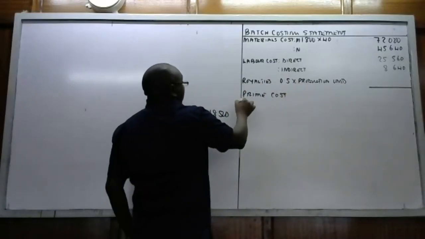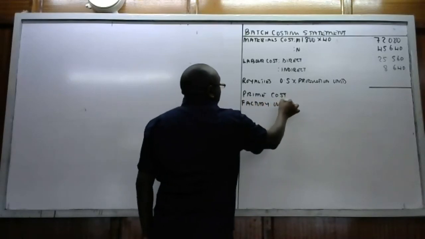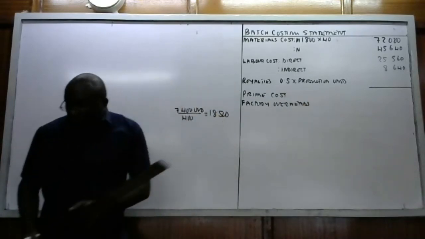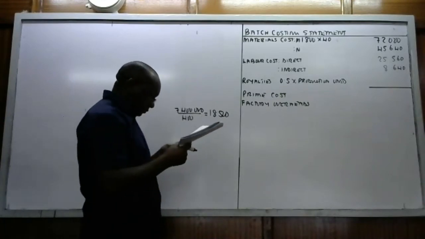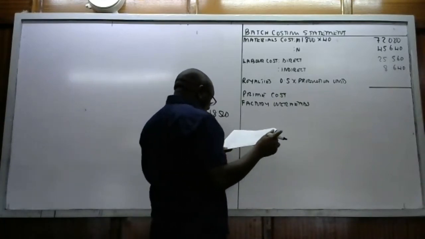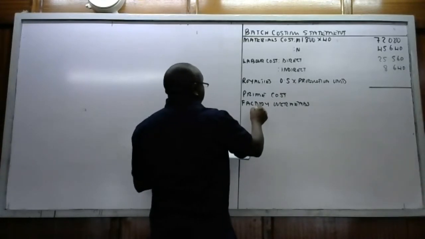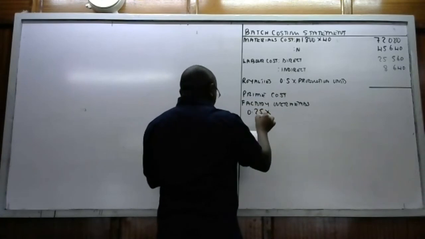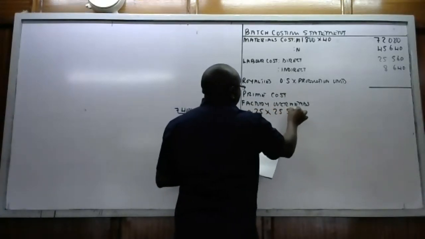Then you bring factory overheads. Factory overheads, we are told they are 25% of direct wages, 25,560.